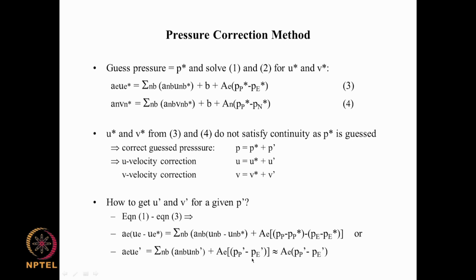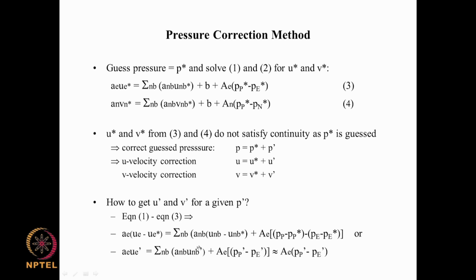At this stage we do not know what the pressure correction is, but if there is a pressure correction which is not necessarily the same at every grid point, varying at every grid point just as pressure itself varies, then they add up in such a way that the velocity correction is given by this whole equation.